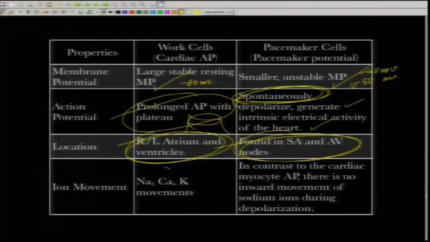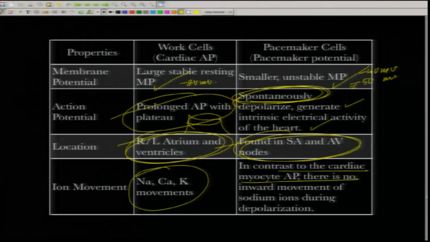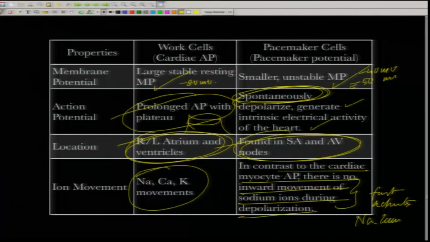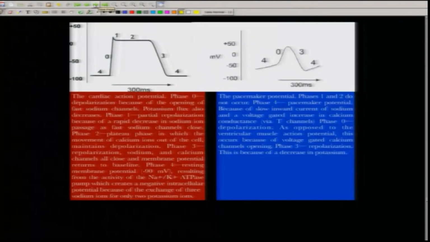Ionic movements are sodium, calcium and potassium movement. In contrast to the cardiac myocytes' action potential, there is no inward current of sodium ion. The very fast-activating sodium current is missing in this. Okay. This is the basic fundamental comparison, a side by side view.